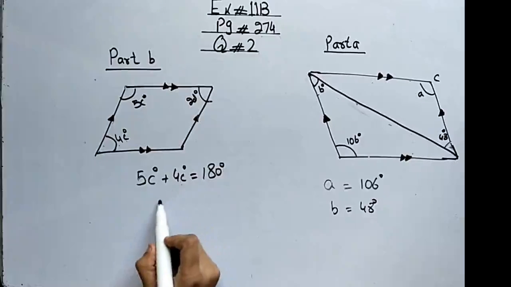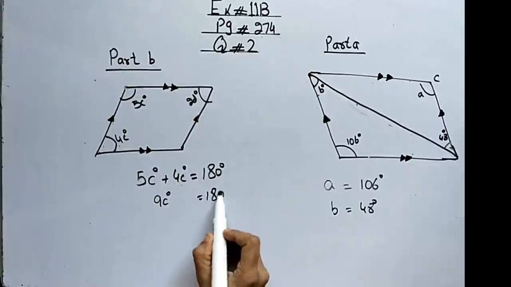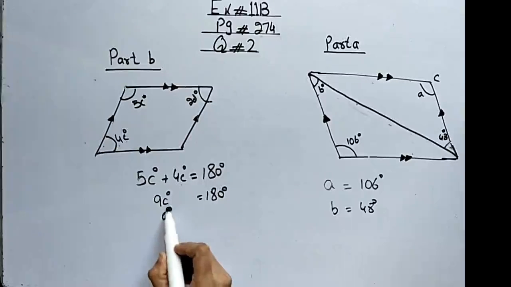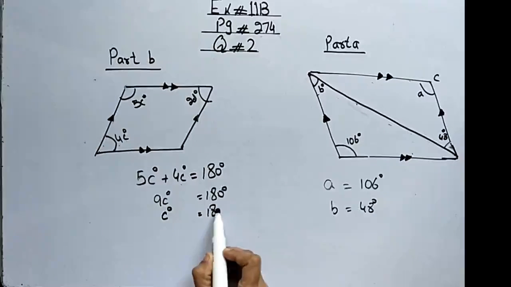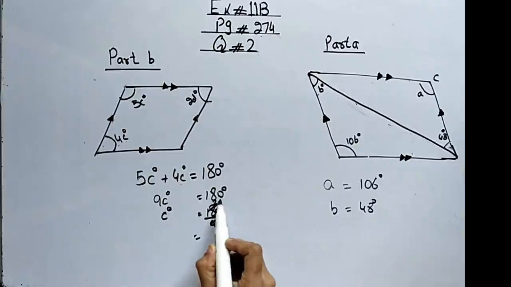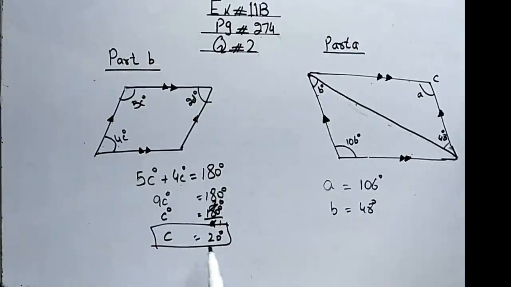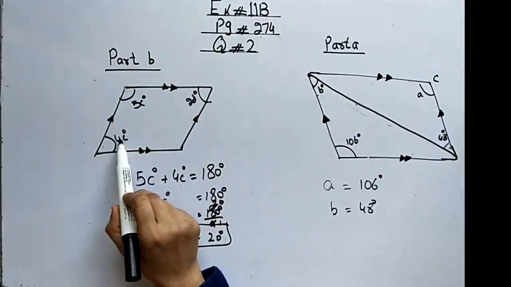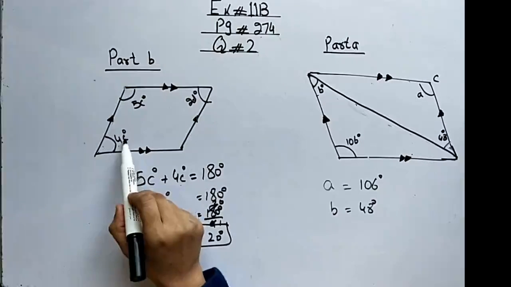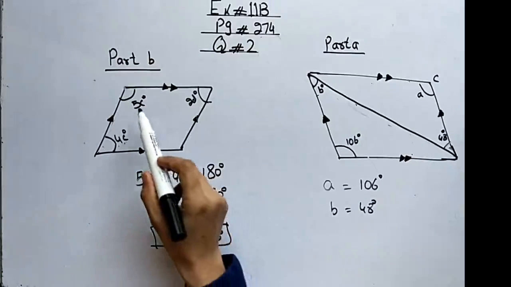Fine. So add these two angles, it becomes 9C degrees is equal to 180 degrees, and leave the C here. So 180 degrees divided by 9: 9 ones are 9, 9 twos are 18 and 0. It means C is equal to 20 degrees. So C is equal to 20. It means this angle will become 4 multiplied by 20, 80, and this angle will become 5 multiplied by 20, 100.